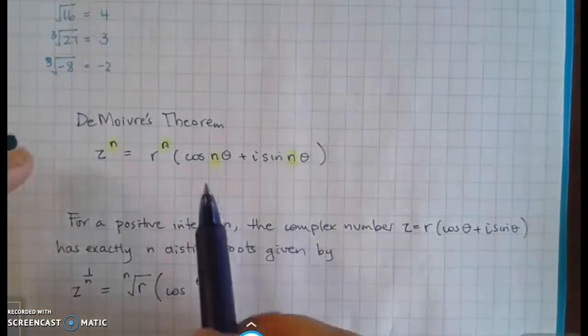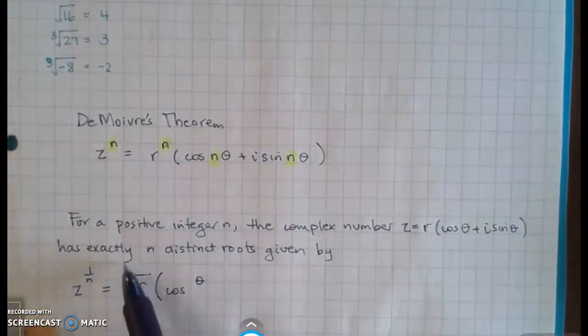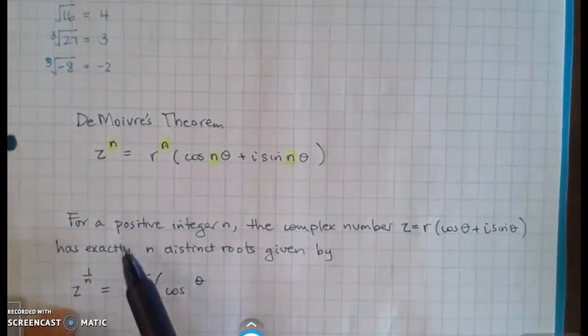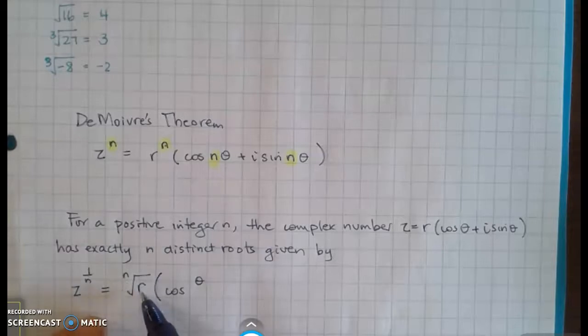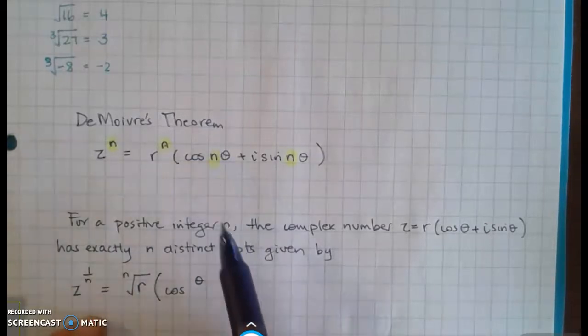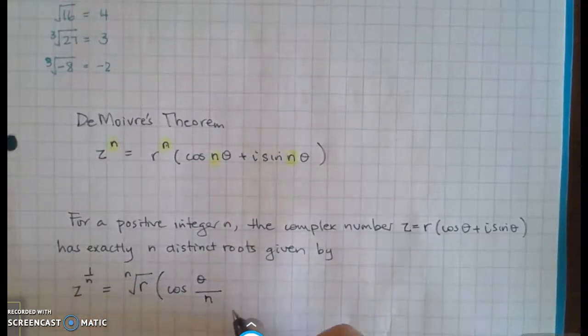Before we were raising it to the power of n, now we're dividing. So we are taking the nth root of the radius, but instead of multiplying by n, we're actually dividing theta by n.